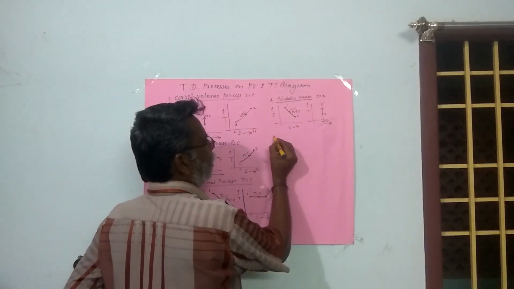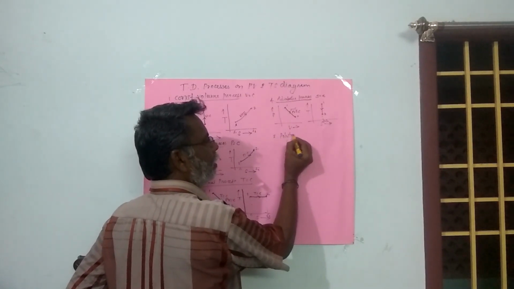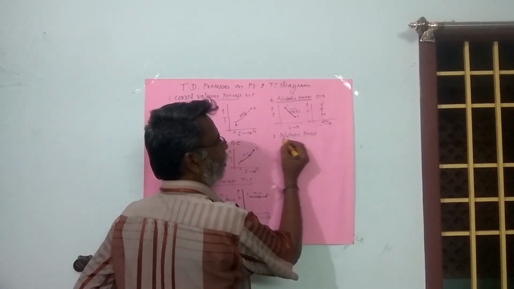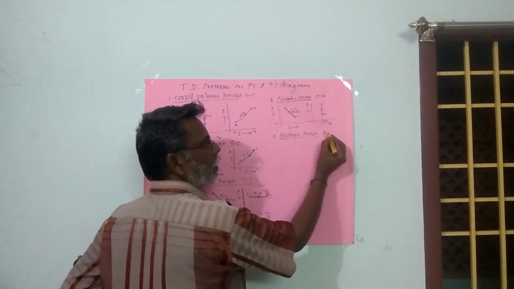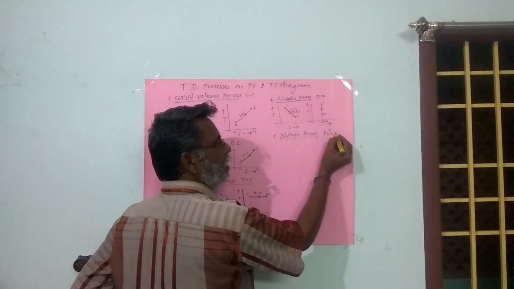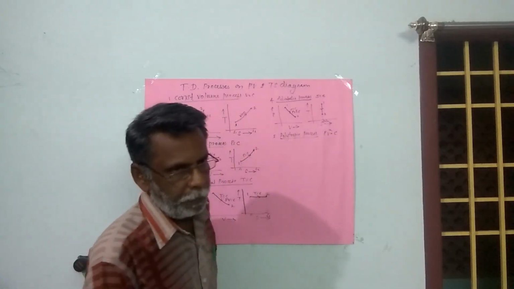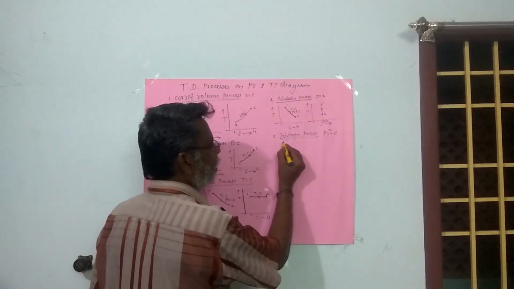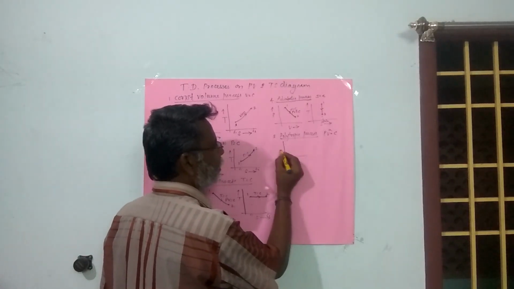Now let us see the fifth process, polytropic process. This process follows the law PV to the power of n is equal to constant. So n is nothing but the polytropic index. Now let us consider a polytropic expansion process.